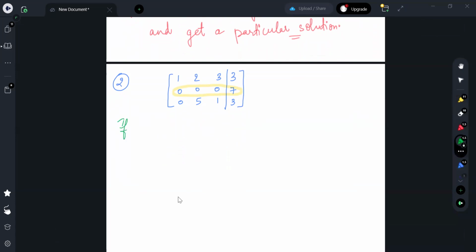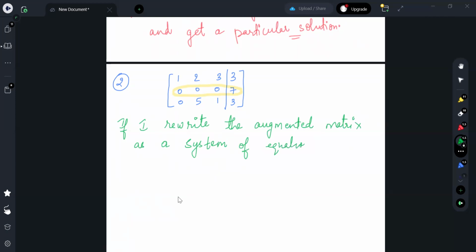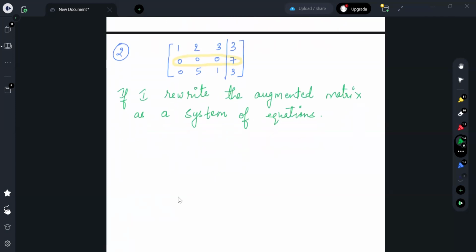If I rewrite the given augmented matrix as a system of equations, what do you see?